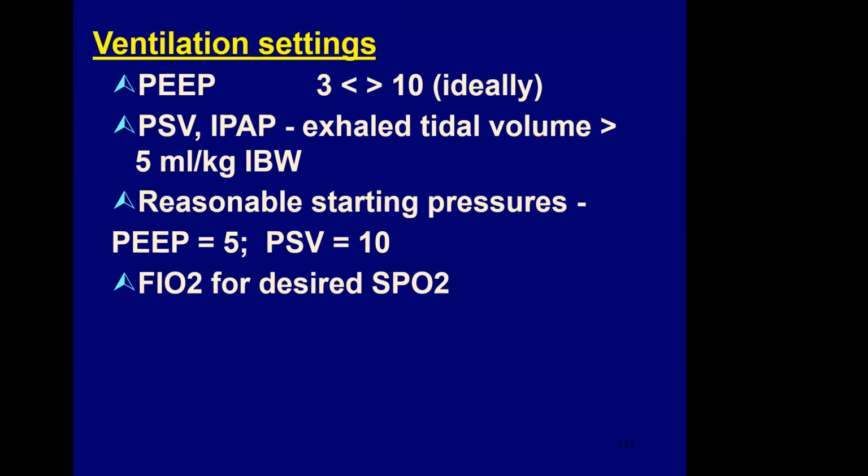Reasonable starting pressures, and this is the way it's been for years and is still that way: for BiPAP, PEEP of 5 and pressure support of 10. The FiO2, and we select the FiO2 for the desired saturation.